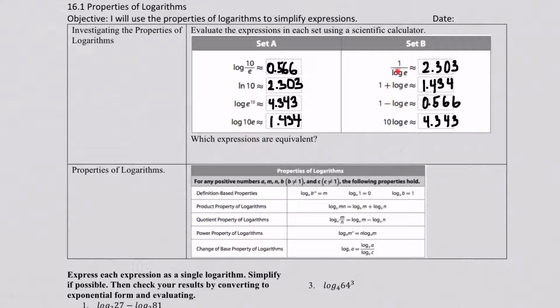So for example, on this one, I went ahead and did log of e first, and then whatever I got, I said 1 divided by that. So that gave me 2.304. In this one, I did 10 times e first, whatever that is, and then I took the log of that number that I got, and I got 1.434. So if you're not following the correct order of operations, maybe you're not getting the same numbers that I did.